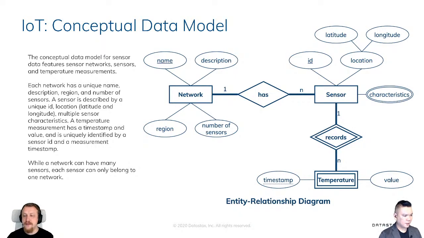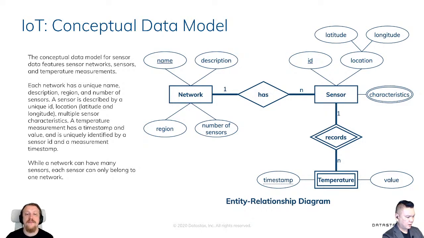We have main entities on the right: network, sensor, and temperature. So what's the network? We don't want to work with sensors directly at first, and second, we would like to have some aggregations. So a network is a group of sensors.